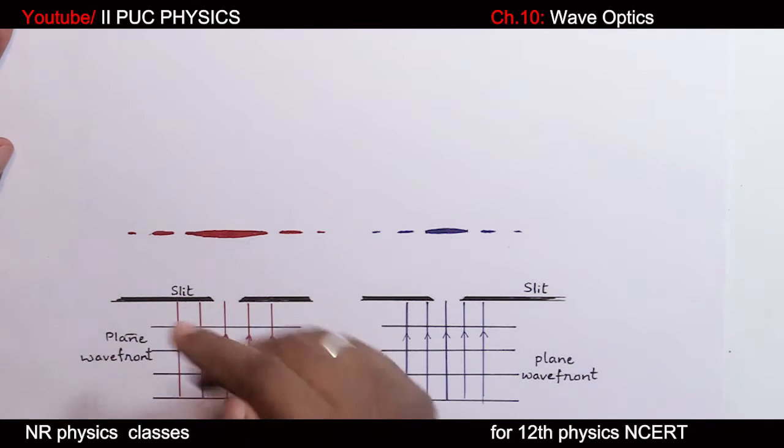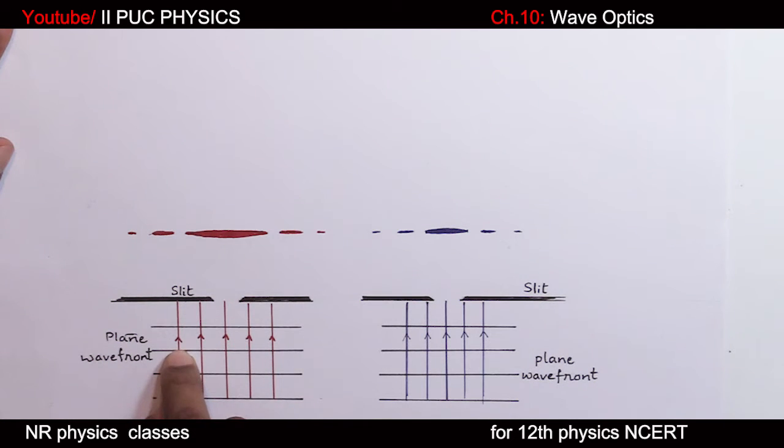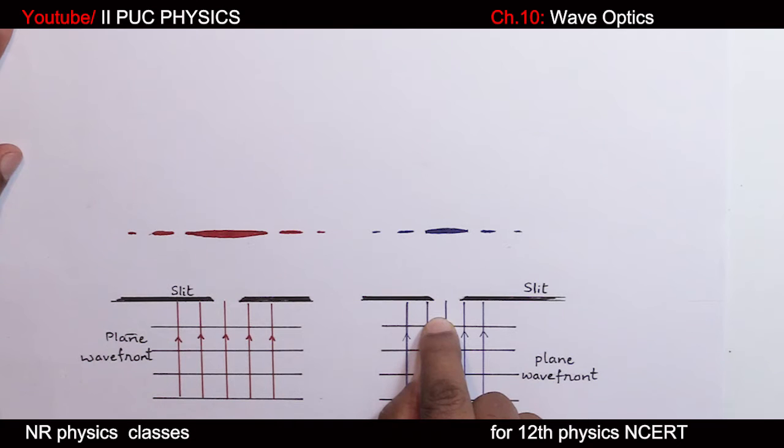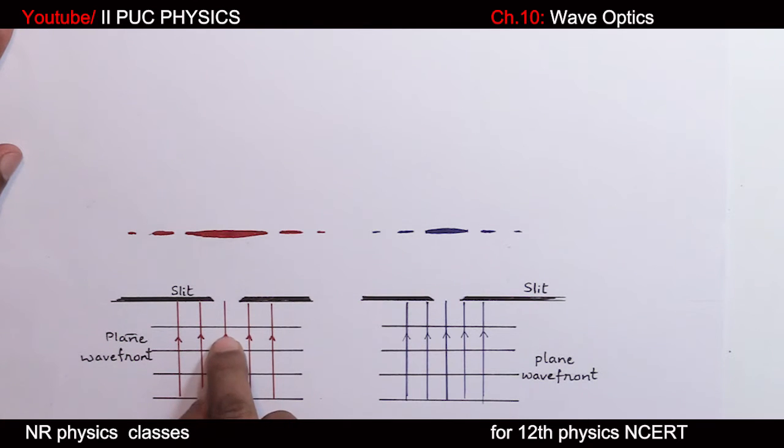Plane wavefronts represent parallel rays, parallel beam of light. So in the first case, red light is used. In the second case, blue light is used. Red means longer wavelength. So lambda for red is greater than lambda for blue, isn't it?